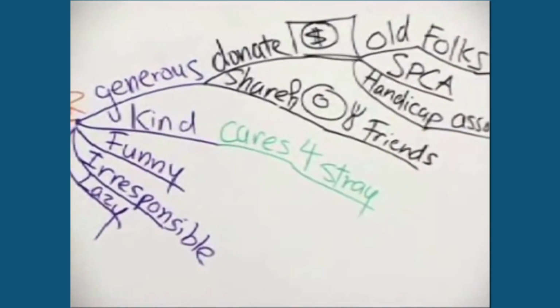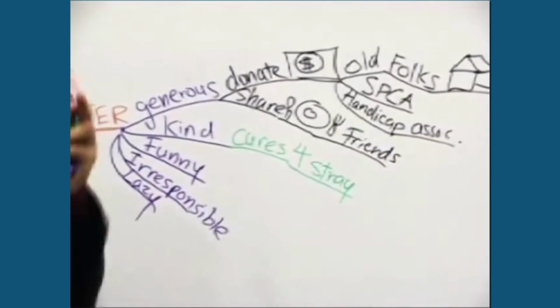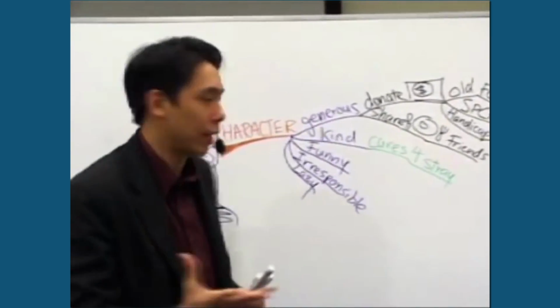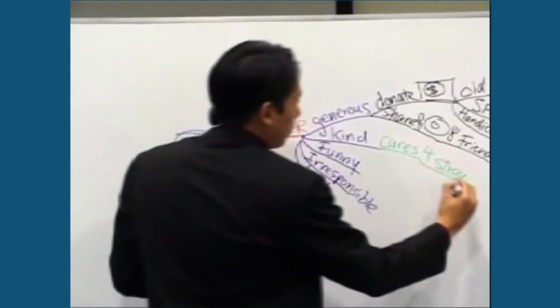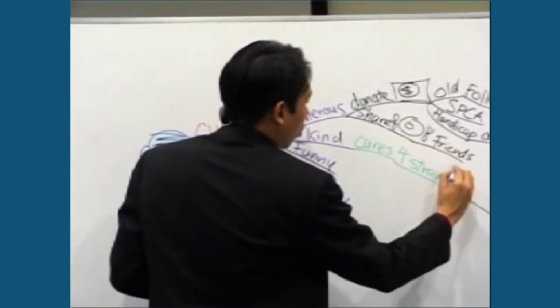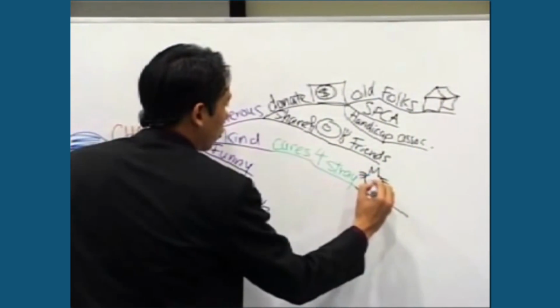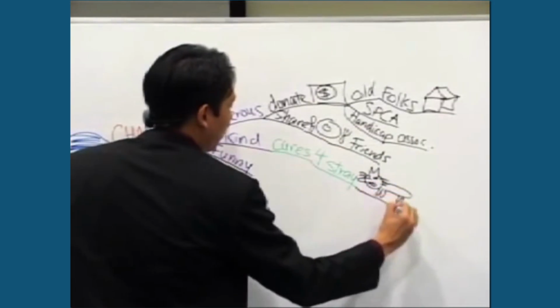So, under dogs, I could change color because I'm branching to a more detailed point. Sometimes by branching to a more detailed point, you may want to change color. So dog, instead of writing the word dog again, if I can, I draw a picture because it's more outstanding. Oops, how do you draw a dog? Okay, sorry, my dog looks a bit strange. 1, 2, 3, 4, okay?